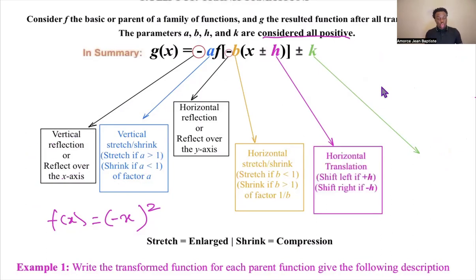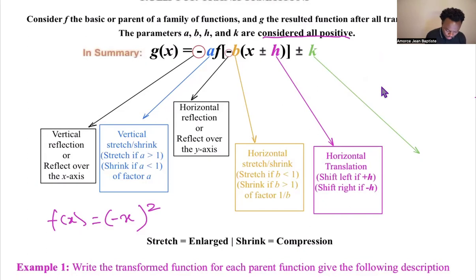So H represents a horizontal translation or shift. If it's a plus sign, the graph moves to the left: plus, left for H, and then minus, right for H.